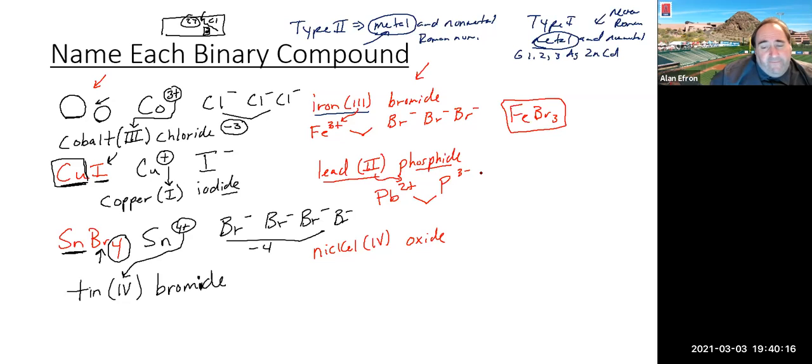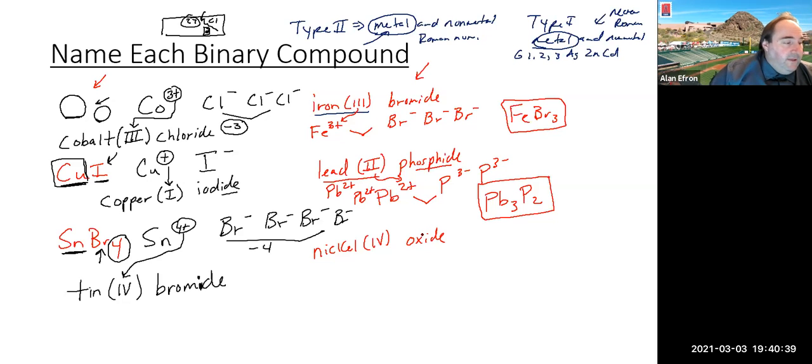So to get my phosphorus to 6, I just need 1 more. To get my lead to 6, I actually need 2 more of those guys. And again, we got +6 on the left, -6 on the right. And we could literally at this point just write what's there. So I got 3 of these guys and I got 2 of those guys. And we will have the right formula there. Any questions on that one?